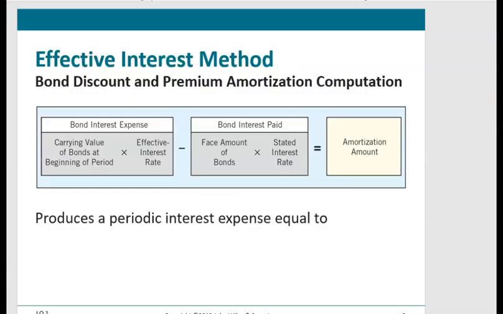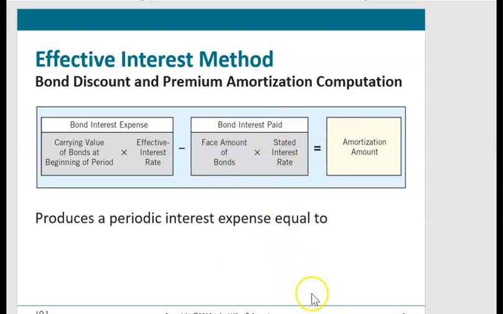Using the effective interest method of amortization, we calculate bond interest expense as we see here: the carrying value of the bonds at the beginning of the period multiplied by the effective interest rate. The amount of the amortization is the difference between the bond interest expense and the amount of bond interest paid. Of course, the amount of bond interest paid is the face amount of the bonds times the stated interest rate.